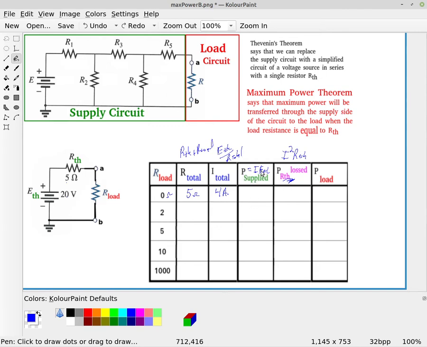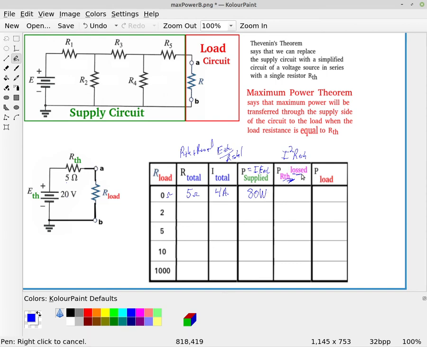The power being supplied, the power that this power source has to supply, is going to be the E Thevenin times the total current, 4 amps, which is going to be 80 watts. So we're getting 80 watts. But let's take a look here.